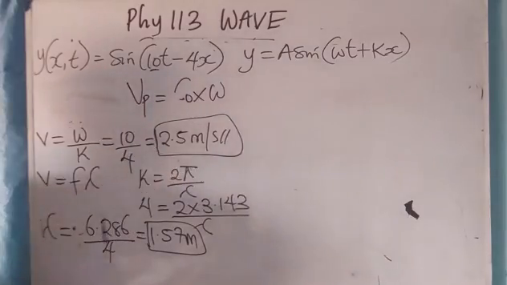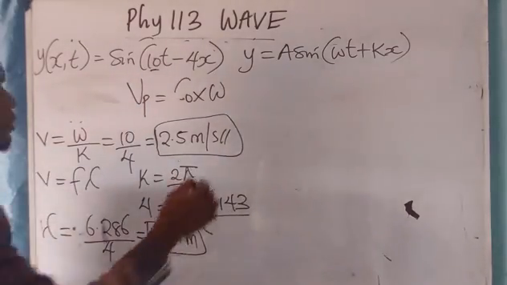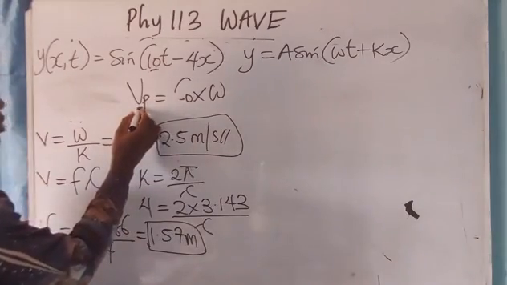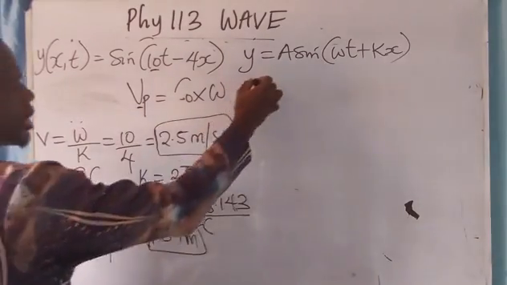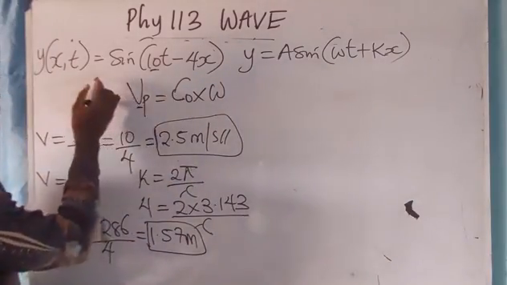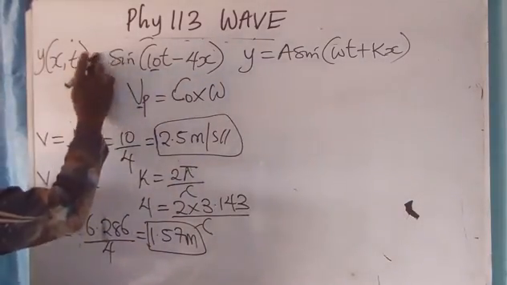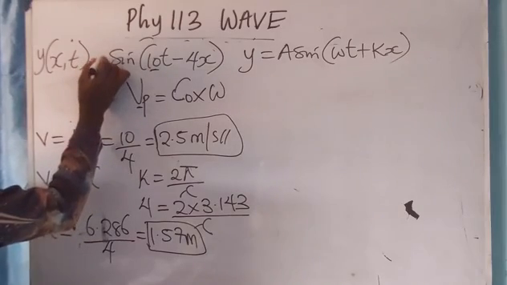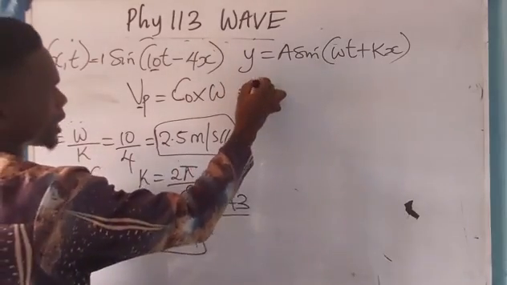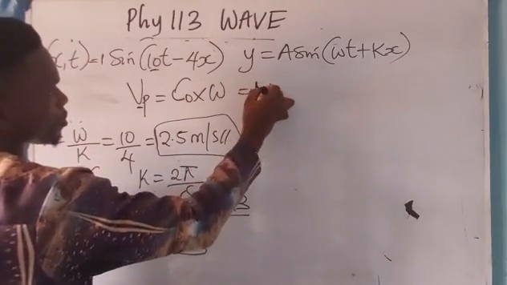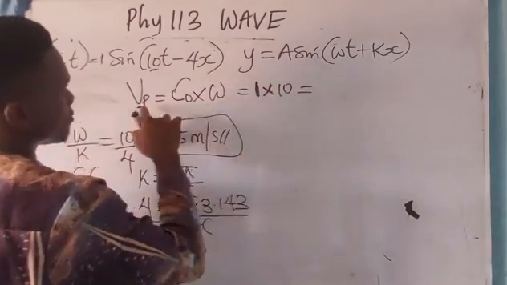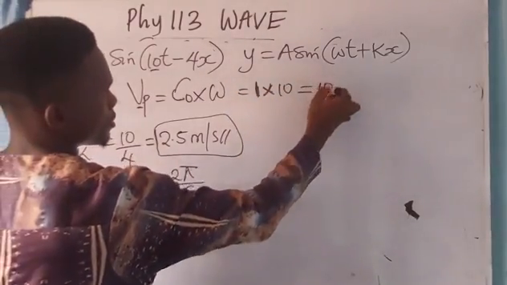And this is the wave velocity. Do not forget, to calculate the particle velocity, I gave the formula as c-naught times ω. c-naught is the amplitude, which is invariably 1, an invisible 1. So 1 times ω, which is 10. I have that Vp equals 10.